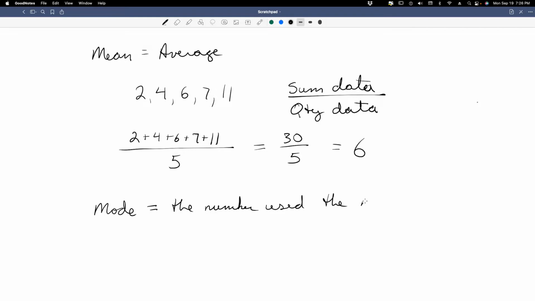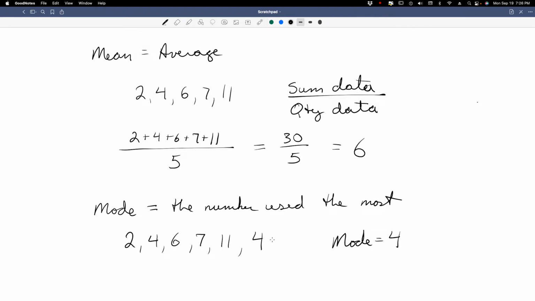No, there is no mode. But if we, for instance, had a different set, let's say we had 2, 4, 6, 7, 11, 4. Now our mode is equal to 4 because 4 is used the most, right? It is the most often used number.